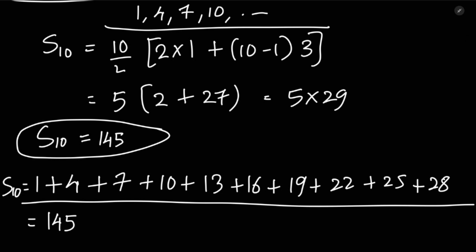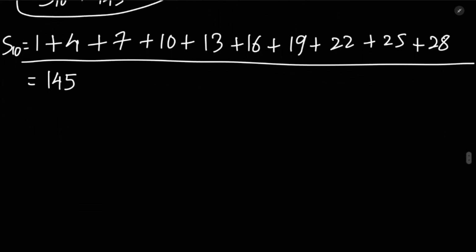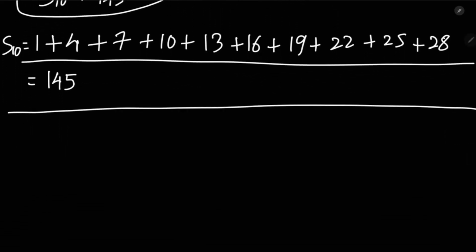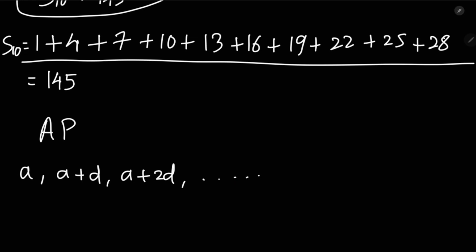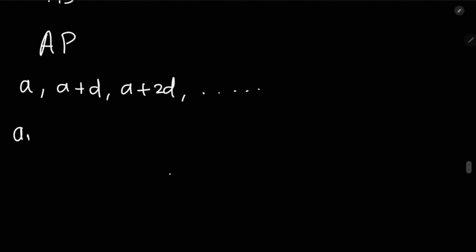So this was all about arithmetic progression, and I'll write the formulas again. An AP is a sequence of the form a, a plus d, a plus 2d, and so on and so forth. So the nth term in this arithmetic progression is a plus n minus 1 times d.